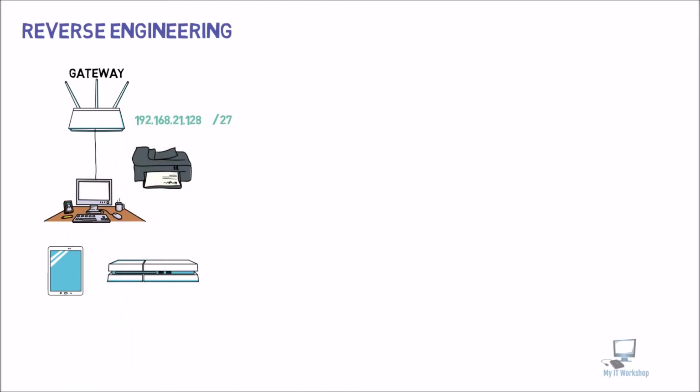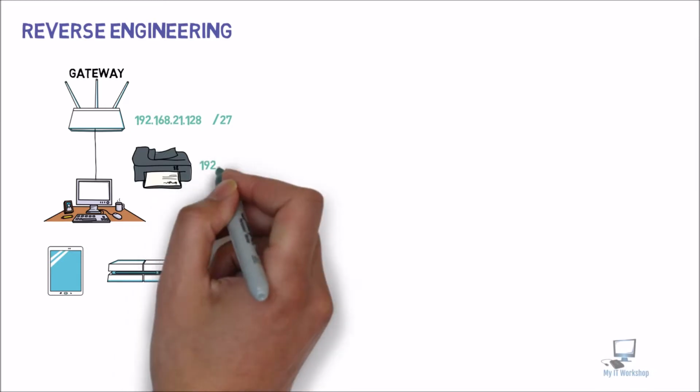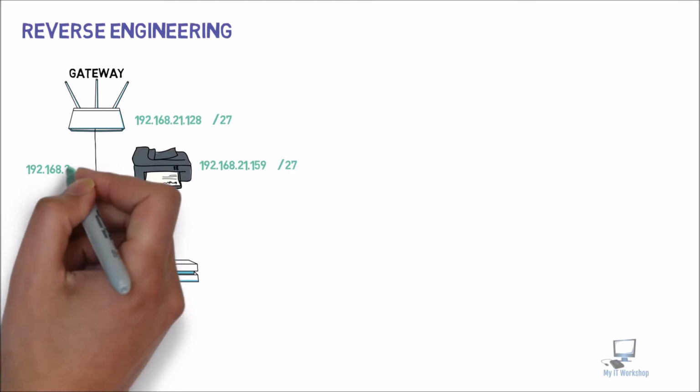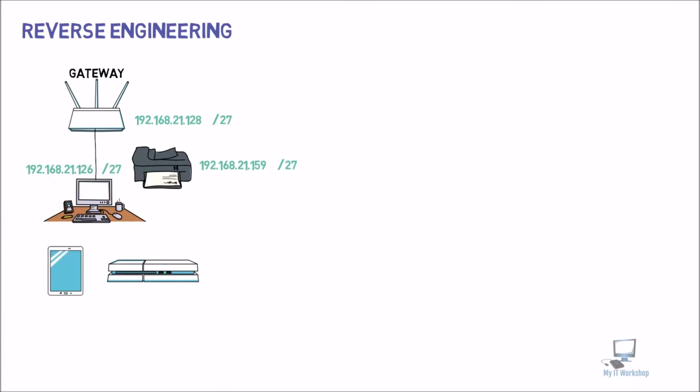So what we have in this example, we are given the IP addresses that each of these devices have, and the mask. In this case, it's going to be 27. As you can see, I'm filling out the IP addresses. And this is the kind of question you're going to find in certification exams, like Cisco CCNA or the CompTIA Network Plus or any other.